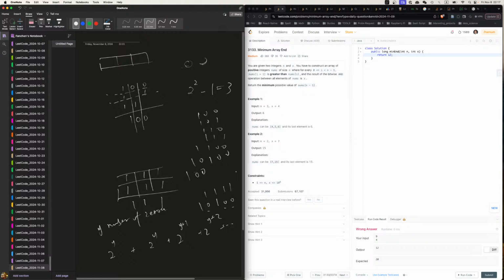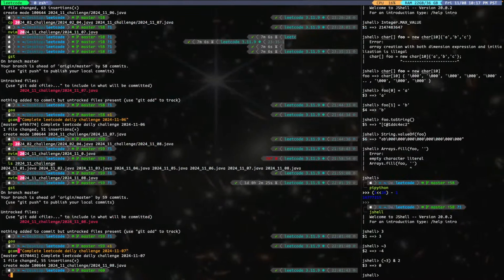Yeah, we need to fill in the x from the right to left, right? And then we get the final number out. Right, we get a final number out, and we fill in those as well, and then we turn that into, okay, we have an idea to do this. Let's try it.